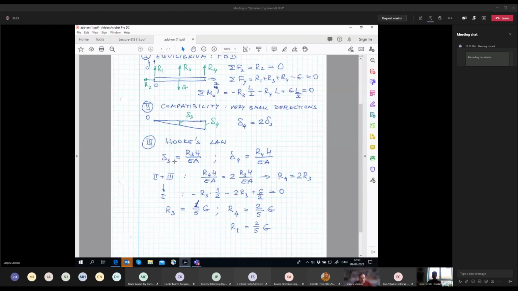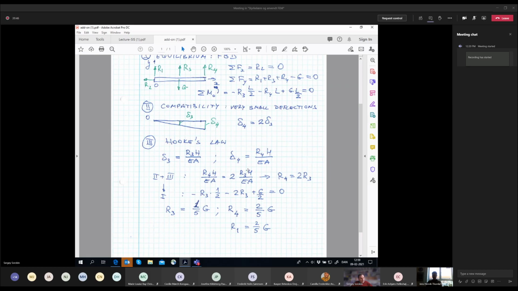So then what we do, we just have to solve the system. We have 4 equations, 1, 2, 3, 4, with 4 unknowns. And what we do, we combine equation 2 and equation 3, the Hooke's law and compatibility. We just plug in here delta 4 like this and delta 3 like this.